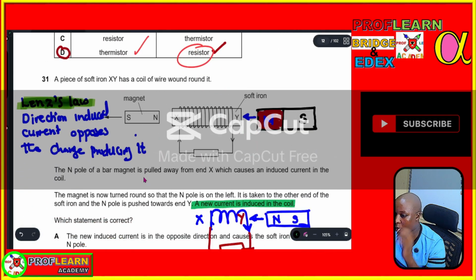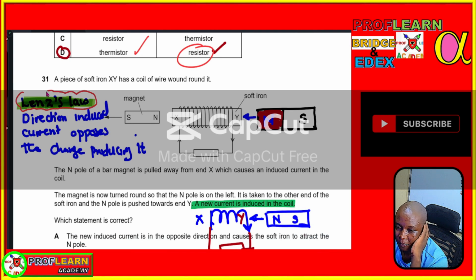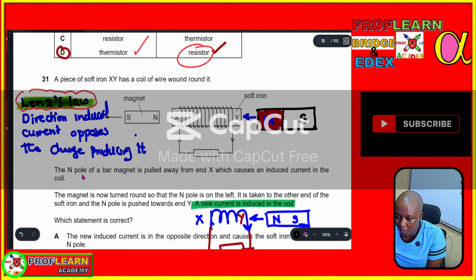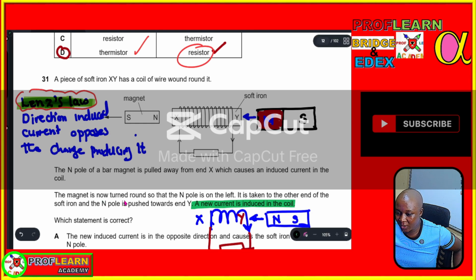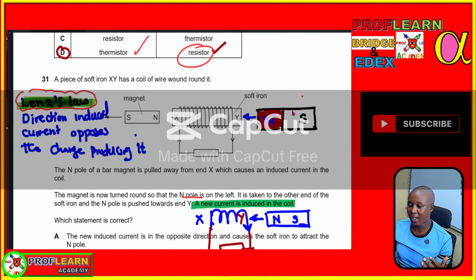For question number 31, we are going to use Lenz's law. We are told the north pole of the magnet is pulled away from X. Then the magnet is turned around so that the north pole is on the left, and the south pole is on the right.